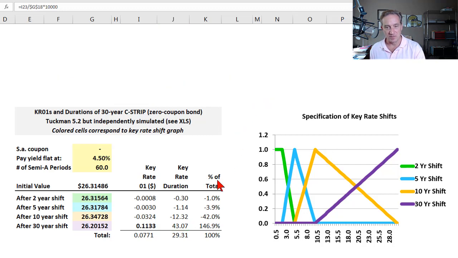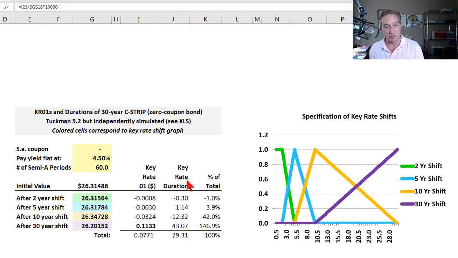So if I'm going to strip this out now, the 43.07 here as a key rate duration is analogous to a regular duration in the sense we could say if the key rate were to shift by 1%, then we would expect the bond price to change by about 43%.